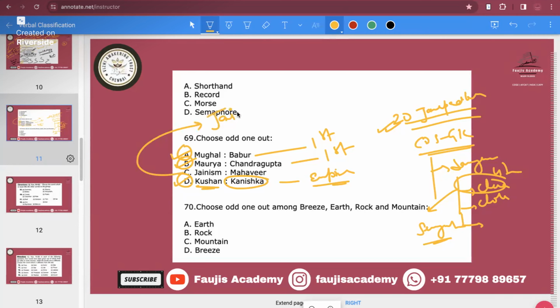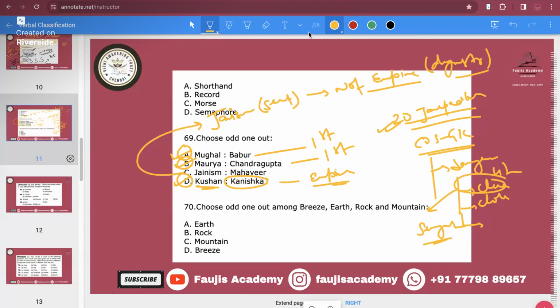Jainism is a sect. It's not an empire, it's not a dynasty. Read it like dynasty, okay, that's how you should read it. Dynasty, because they were nasty, that is why we call it dynasty.